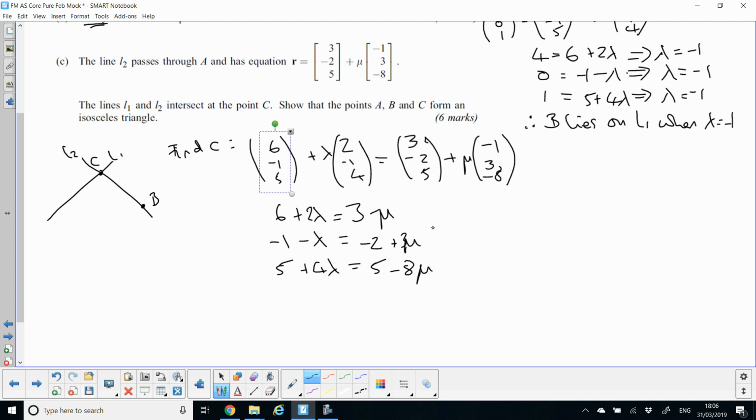I want to solve this simultaneously, and I've only got 2 unknowns, so I actually need to solve 1 pair of them. You can do this in your calculator as long as you rearrange them such that lambda and mu are on the same side. So for example, that wouldn't be 9, that would be 3 take away 6, so that would be -3.